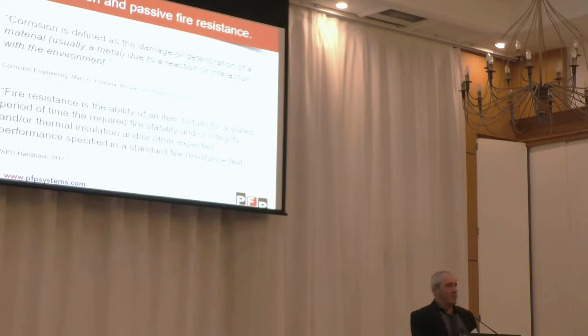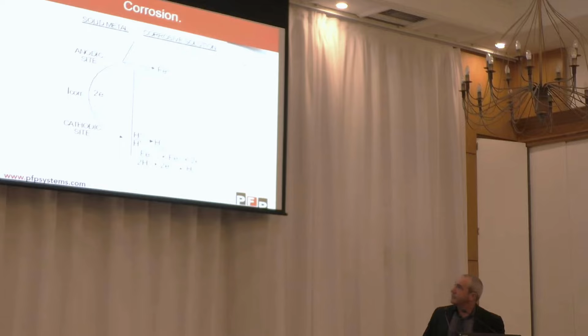And what passive fireproofing does is change that environment. So the system that we put on, as a passive system rather than an active system, buys time, essentially, to a particular standard for an active system then to come in and stop a fire.